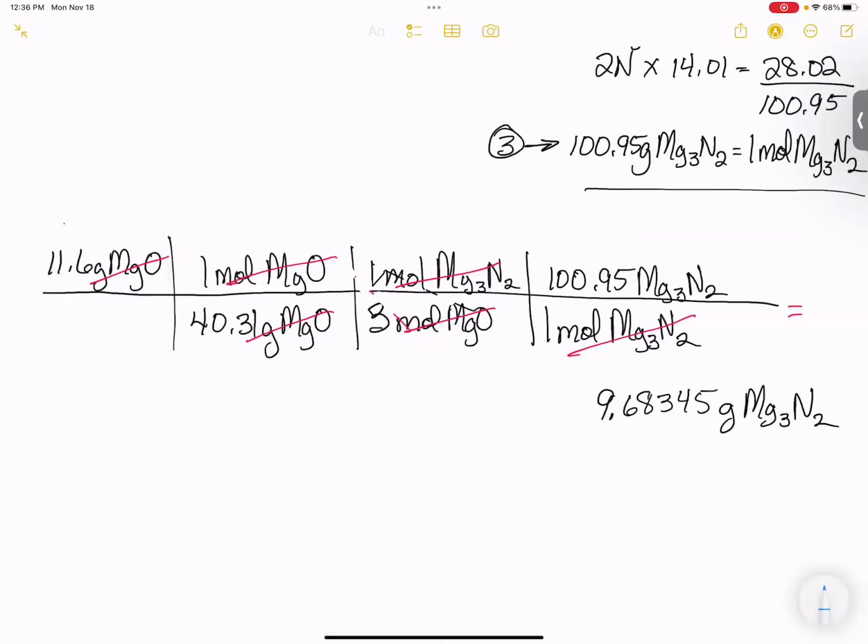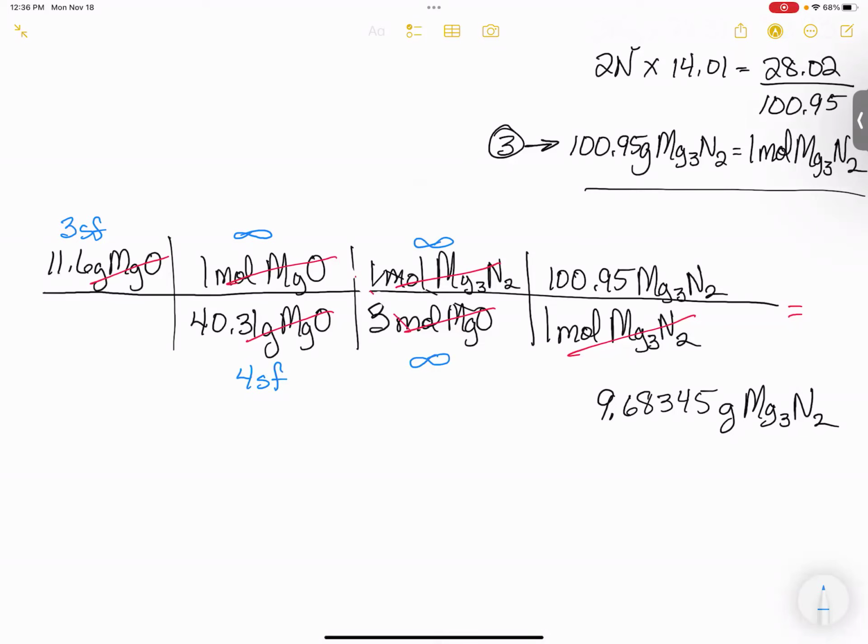Our first number had 3 significant digits. The mole portion of a molar mass has infinite number of significant digits. For magnesium oxide, the mass portion had 4 significant digits. Mole to mole ratios have an infinite number of significant digits.